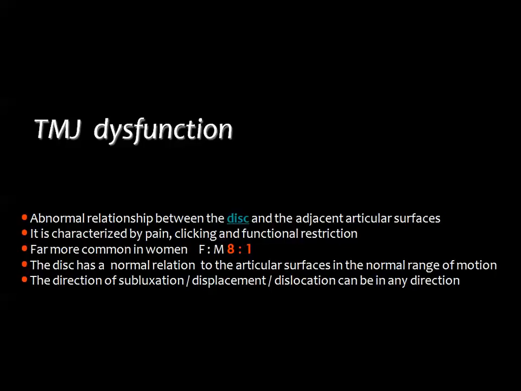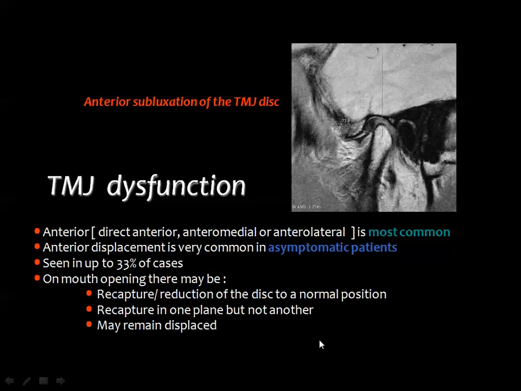The disc, as I have mentioned, has a normal relation to the articular surface, and the narrow part of the disc, which is the intermediate zone, should be present between the head of the mandible and the articular eminence. And if you look at this sagittal MR of the temporomandibular joint, you can easily appreciate that this disc is slightly subluxated anteriorly. And this is the most common abnormality in this joint, which is abnormal anterior position of the articular disc.